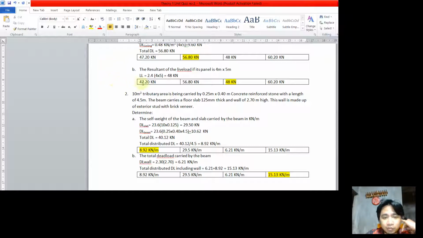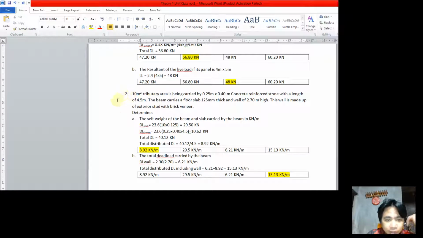The beam carries a floor slab 125 millimeter thick and a wall of 2.7 meters high. This wall is made up of exterior stud with brick veneer. So again, for letter A, we'll just have to take note of the permanent items that are mentioned in the problem.